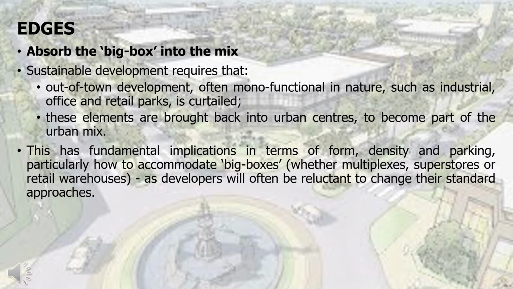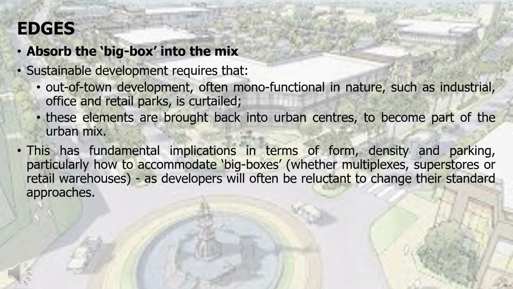Now, since we're talking about industrial buildings and offices, this would entail a huge number of parking spaces to be provided to both the workers as well as to the visitors. Particularly, how to accommodate big boxes. These are referred to as big boxes because when we look at those buildings, they are warehouses. Warehouses would be, let's say, around 30 meters wide by 80 meters long.